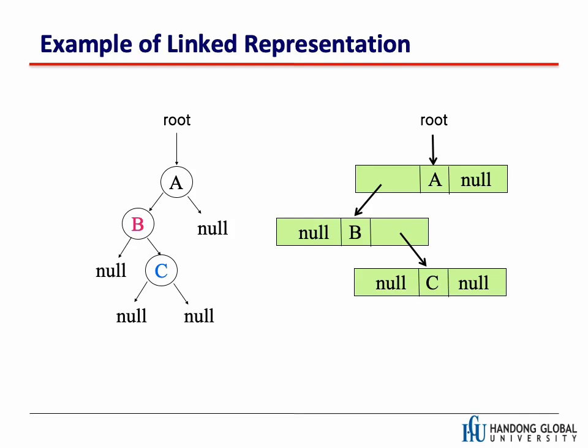B has a null pointer for the left child, and the right child of B is pointing to C. And C has null pointers, so the left child and right child pointers are null. In the box representation, it looks like this. Root is pointing to this block, and the left child pointer of the root node is pointing to the B node, and so on.